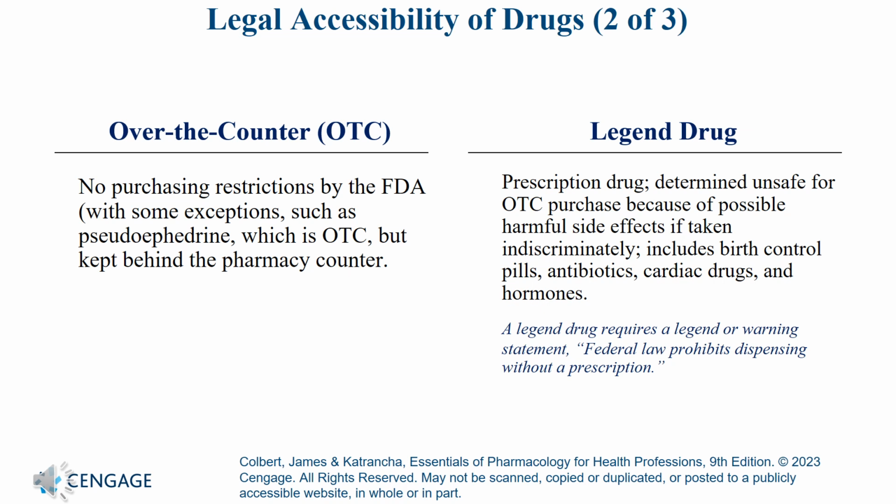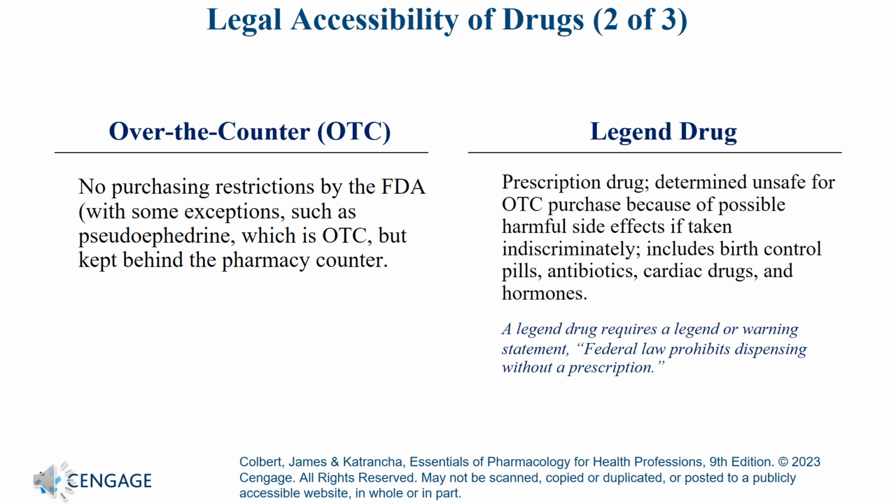Over-the-counter medications have no restrictions by the FDA, with the exception of pseudoephedrine, which is over-the-counter but is kept behind the pharmacy counter. Now, a legend drug is a prescription drug determined unsafe for over-the-counter use because of the possible side effects if it's not taken carefully. Those are your birth control pills, antibiotics, cardiac drugs, and hormones.